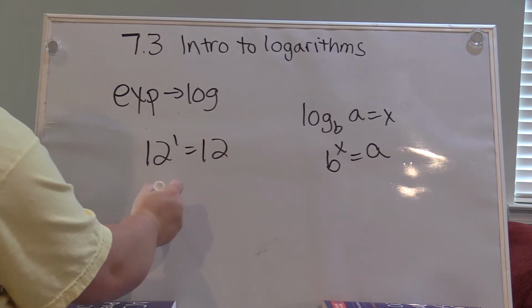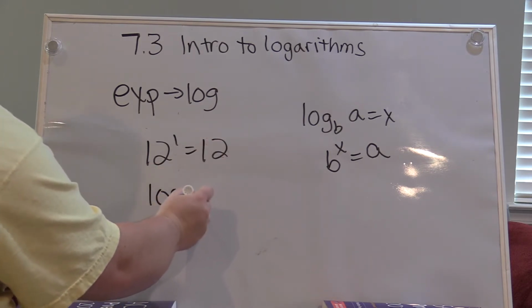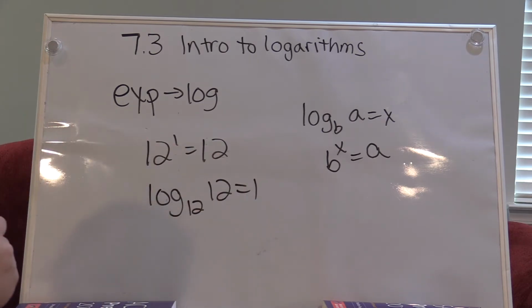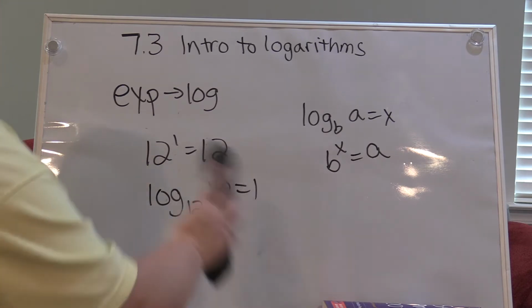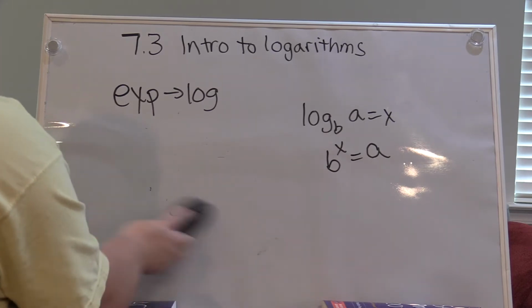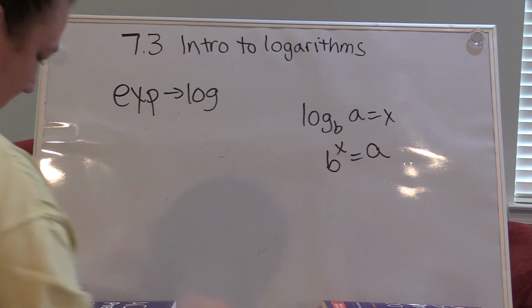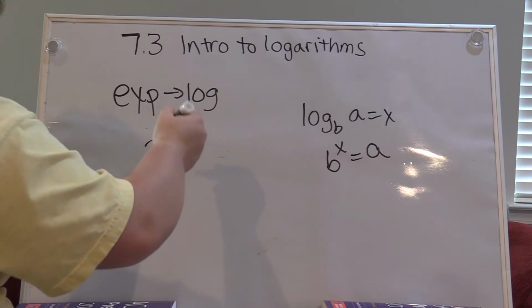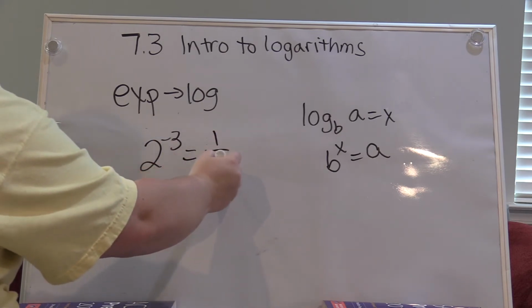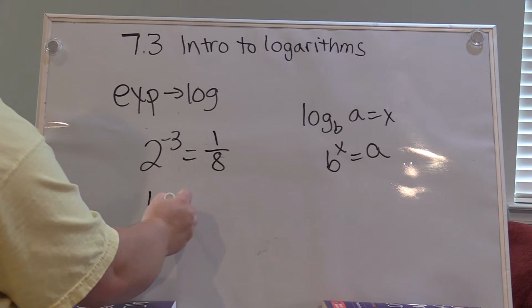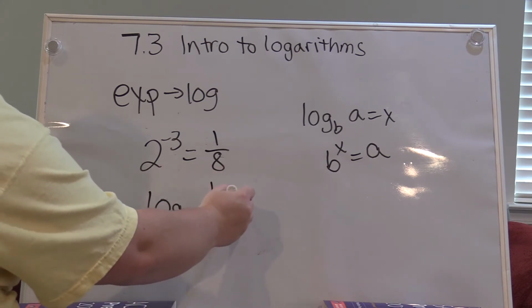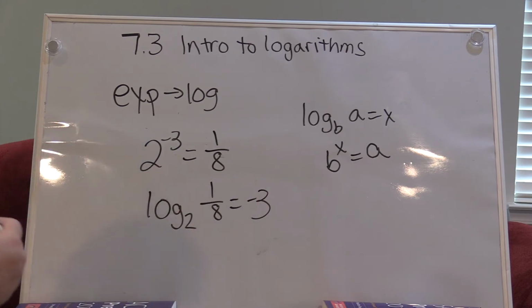So I have log base 12 of 12 equals 1. And the last one of these I'm going to do is going to look like this. So I have log base 2 of 1/8 equals -3.